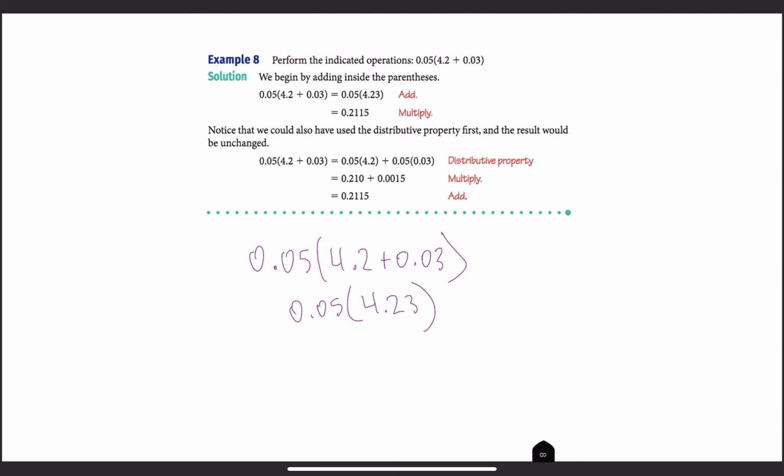And then we'll multiply. And to do that, I'll probably stack it over here.